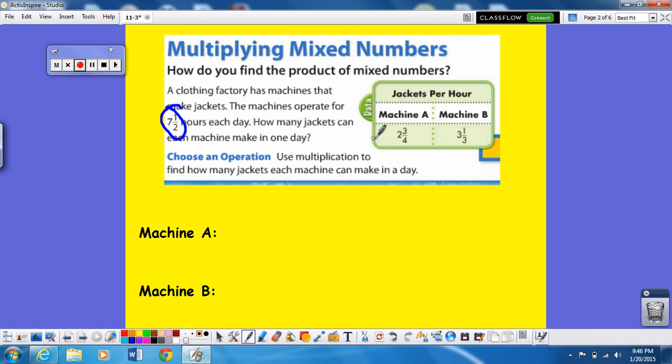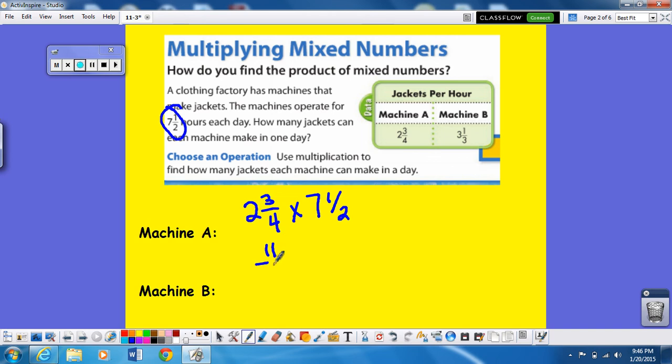So for machine A, they make 2 3/4 jackets an hour. And I'm going to multiply it by how long the machines are operating, which is 7.5 hours. Okay, so remember, you cannot multiply until you've made these improper fractions. So 4 times 2 is 8, plus 3 is 11.